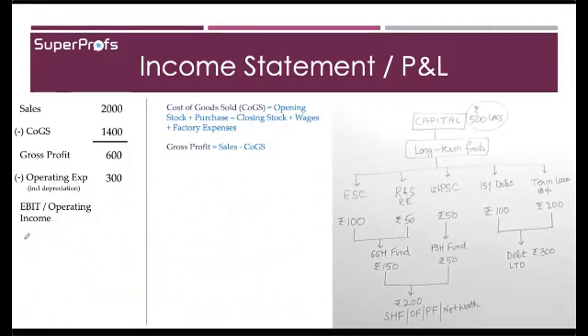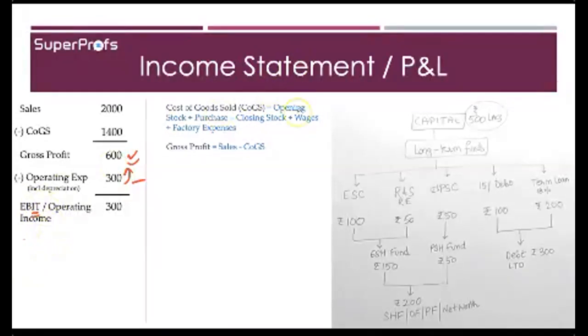So from the revenue, the money that you are left with after deducting the operating expenses from the gross profit is the operating income, that is, earnings before interest and taxes. Now the question comes, what is this interest and taxes?